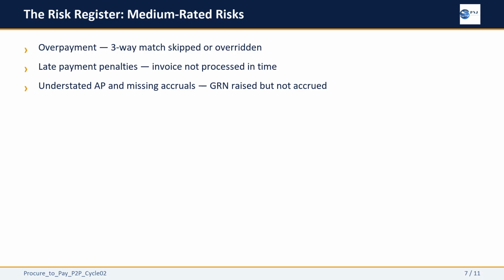Understated AP and missing accruals happen when GRNs are raised, but no accrual is posted at period end. Expenses are understated, and profit is overstated. Medium rated does not mean low impact. It means these risks are somewhat more controllable through process discipline than through structural controls.